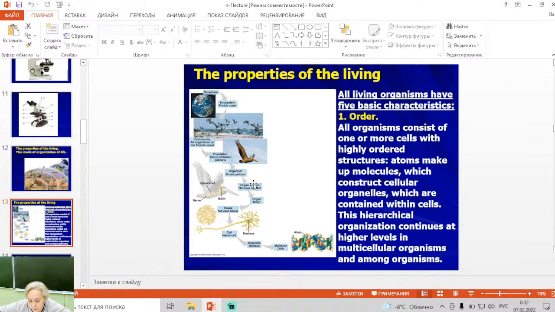Organs form an organ system. For example, the brain and spinal cord form the nervous system. Organ systems form an organism. Now, on this picture you see a brown pelican.